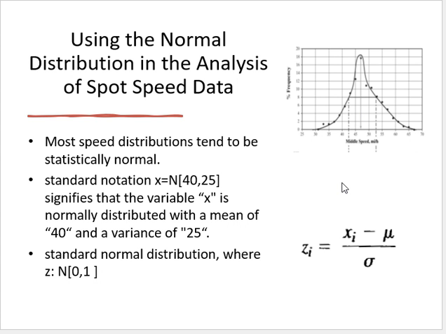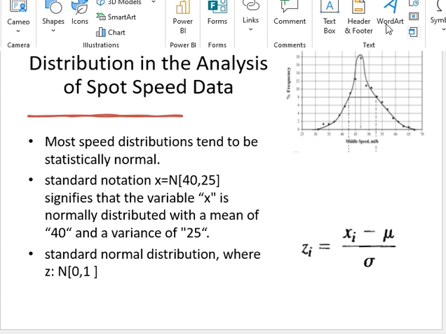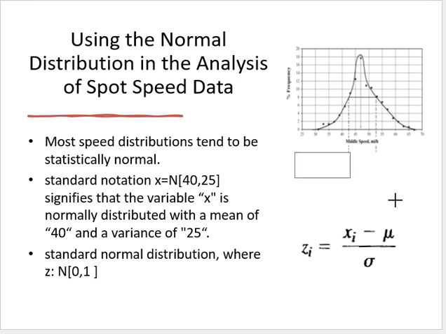Now, if I want to write the same statement for my data, then I will write it as, now my data is speed, right? So S, N, and what's the square of this?